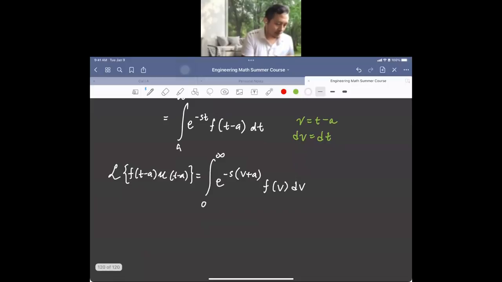This will be e to the negative sv and e to the negative as. The variable is v, so the other one is constant, and we can factor out e to the negative as.